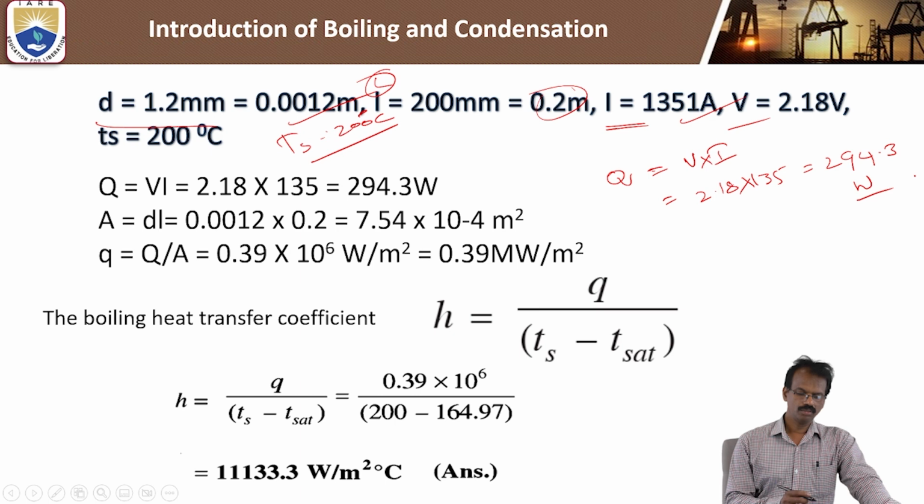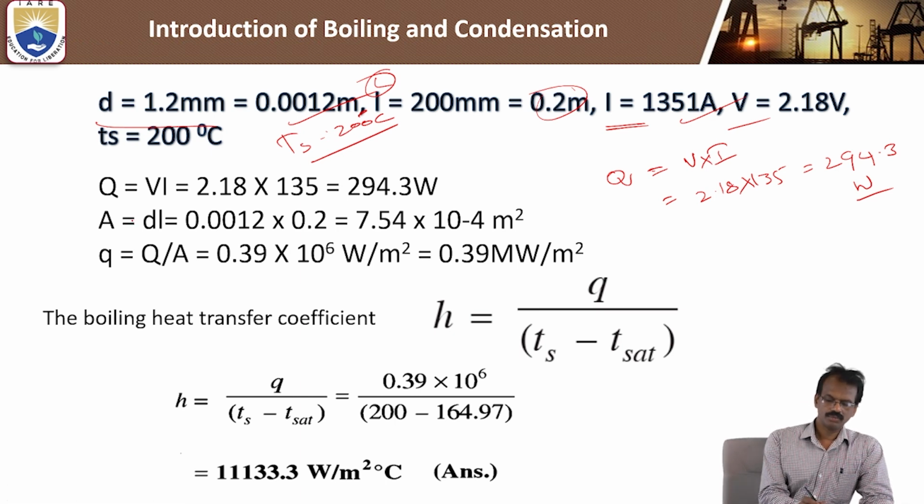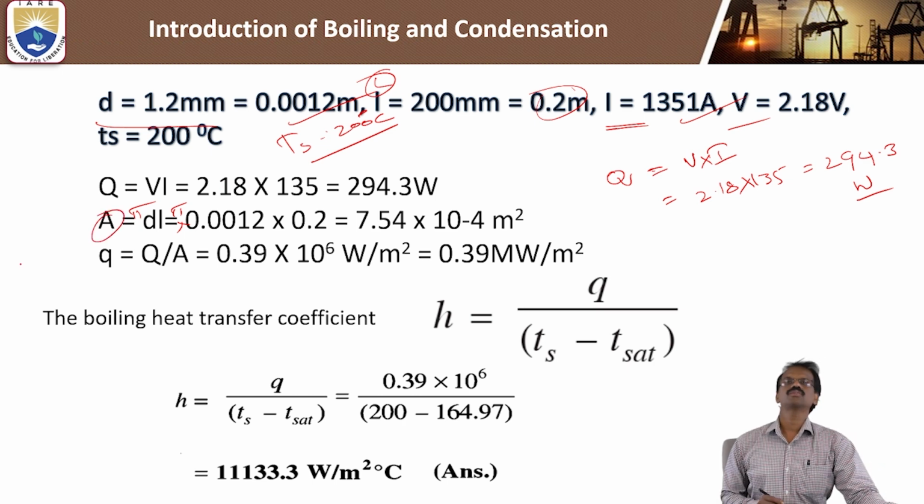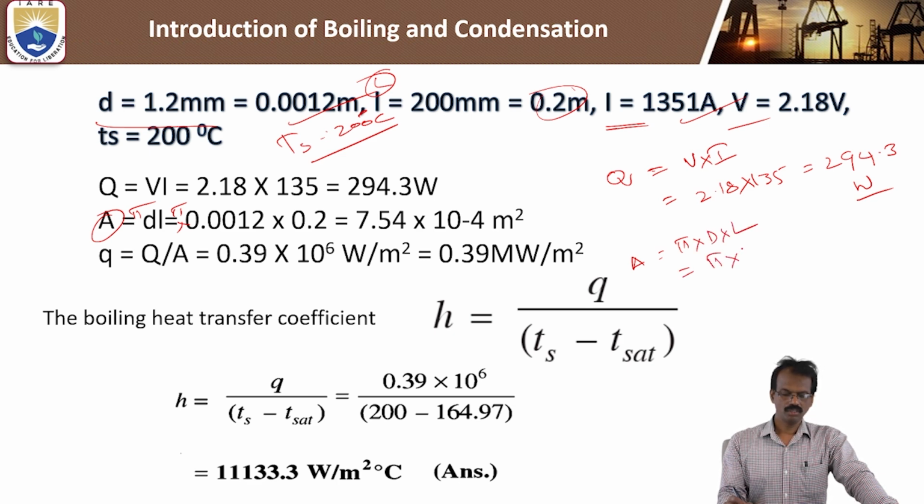Then you can find the area, which is pi D L. Pi into D equal to 0.0012, into L equal to 0.2. This value is equal to 7.54 into 10 to the power of minus 4 square meters.